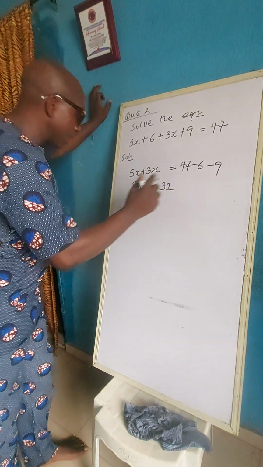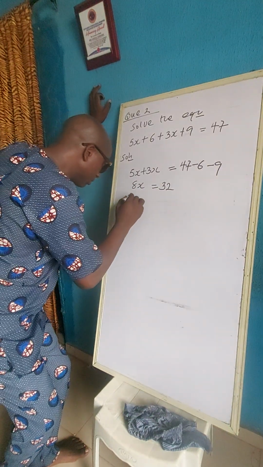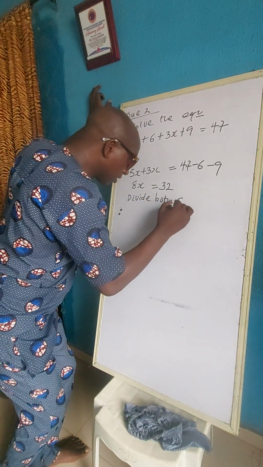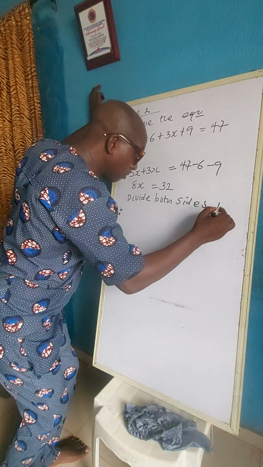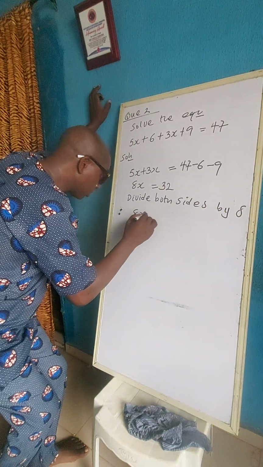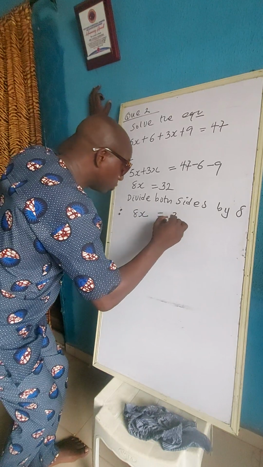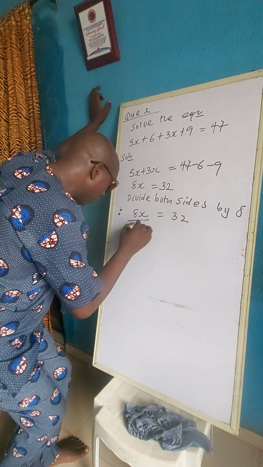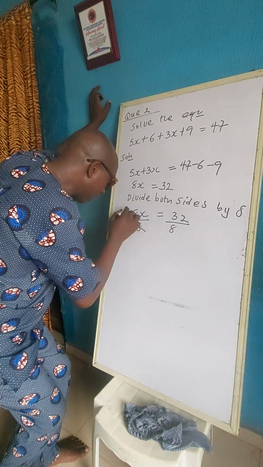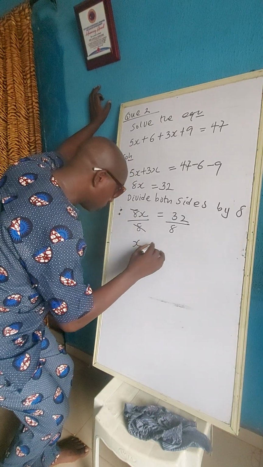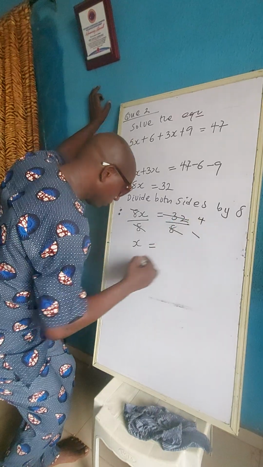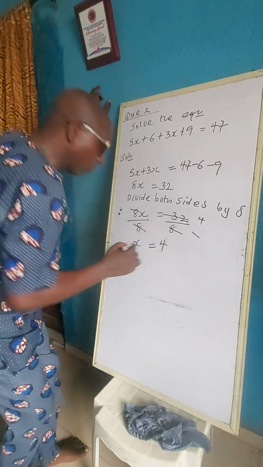You divide both sides by 8. 8x equal to 32. Divide by 8, divide by 8. x comes out equal to 32 over 8, which is 4. So x equals 4.